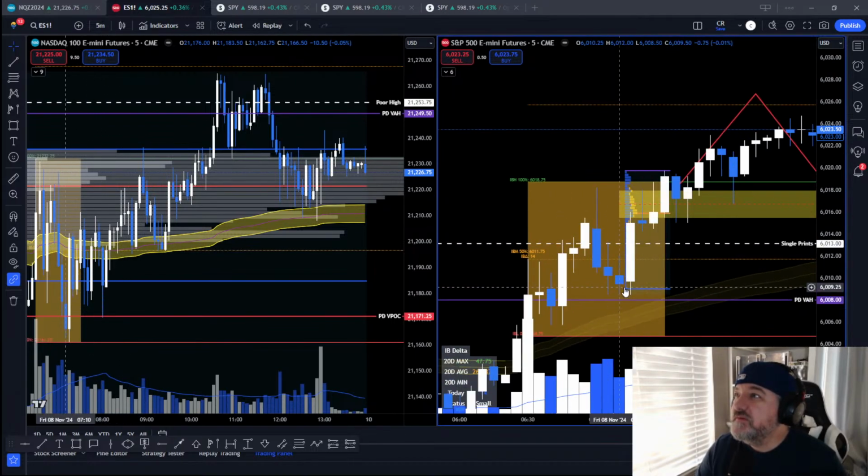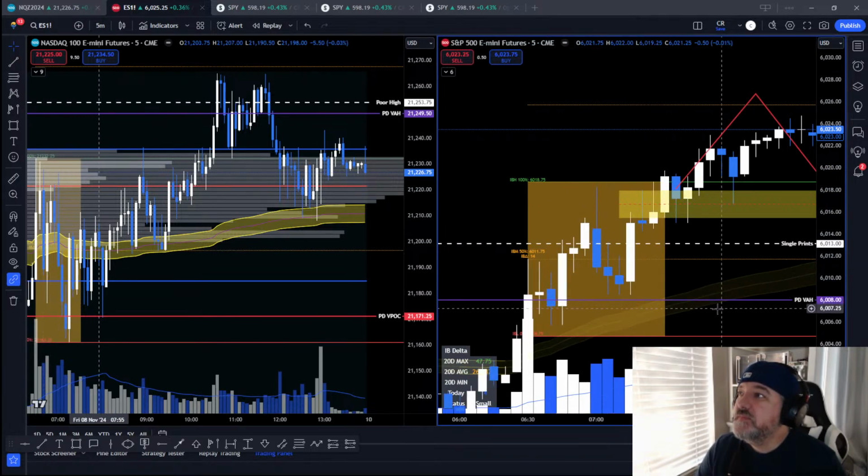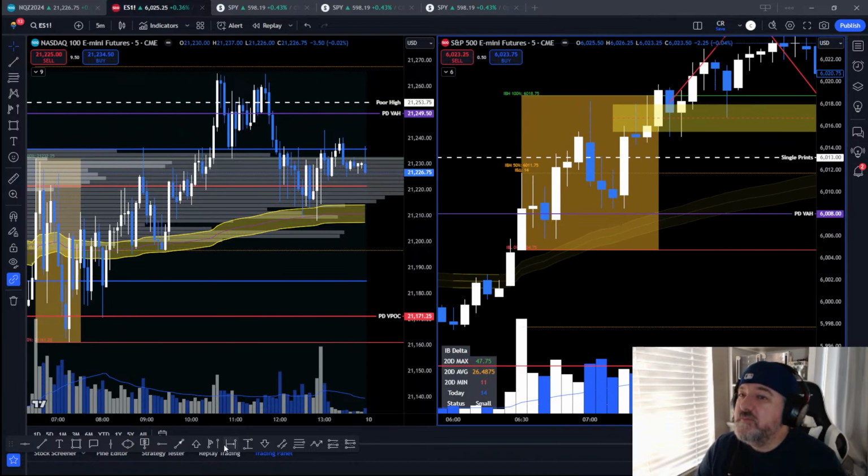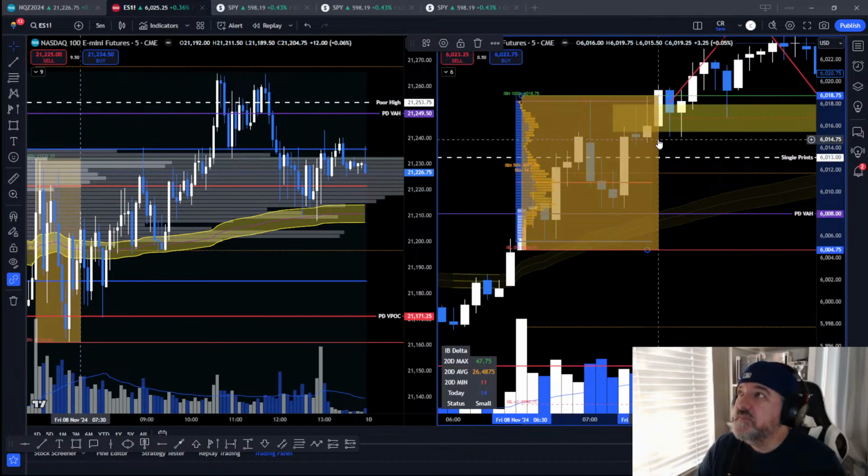You can also do this for the entire range. You can grab your fixed range volume profile from the open to the last candle of your initial balance.